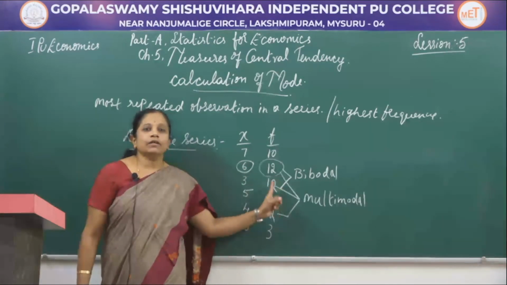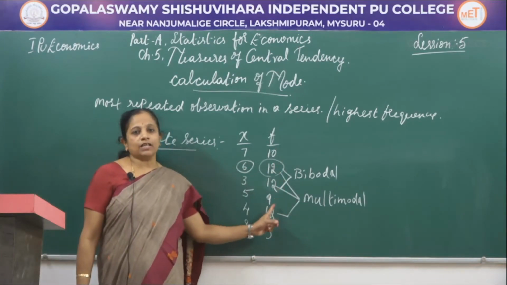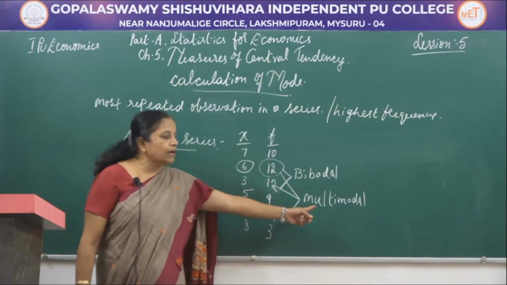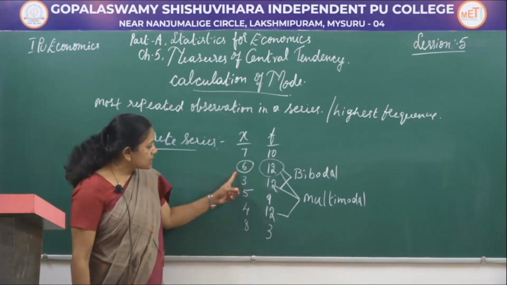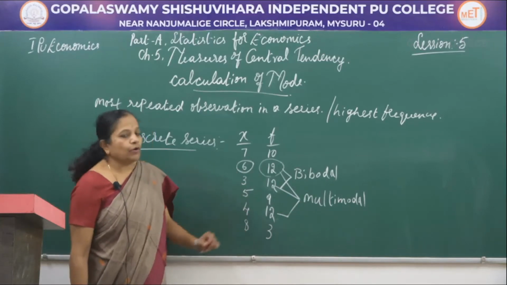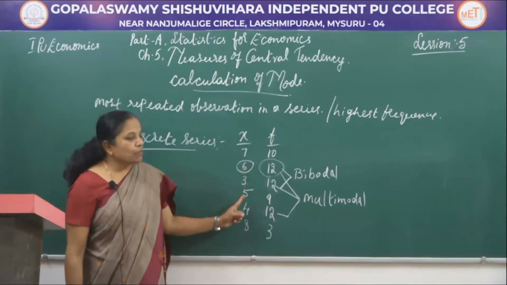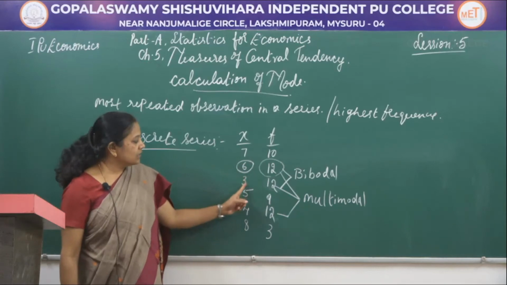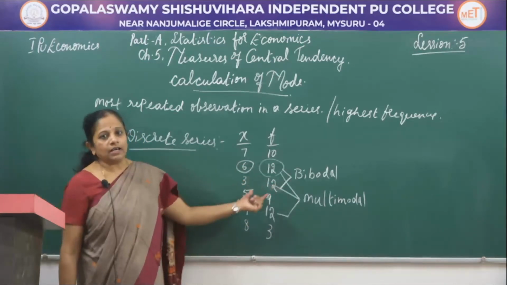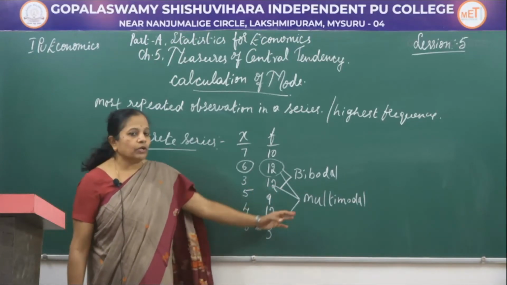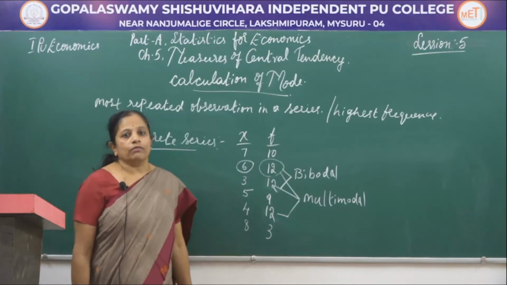If the same highest frequency is repeated more than 2 times, we call it a multimodal series, and the corresponding values are 6, 3 and 4. So, there are 3 modes here, the 6, 3 and 4, which are the values against the highest frequencies, and therefore it is called multimodal.